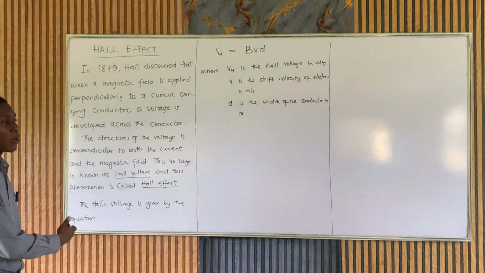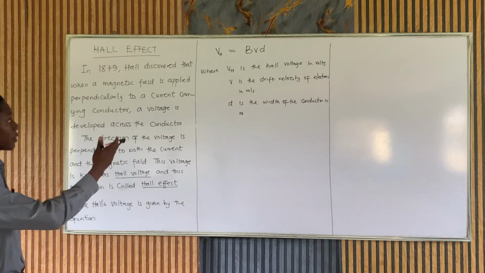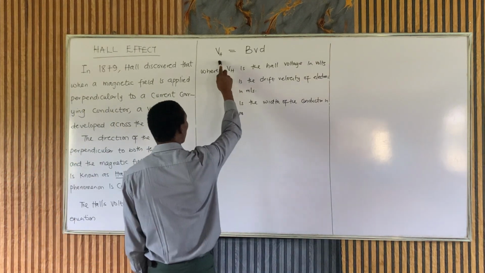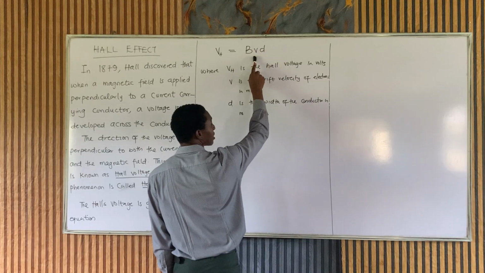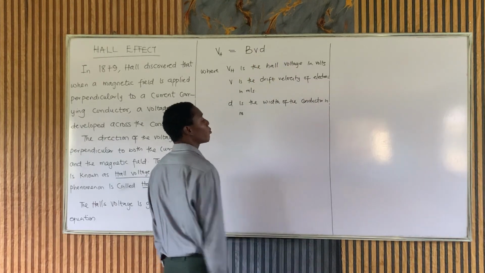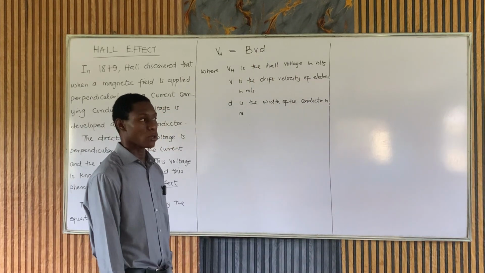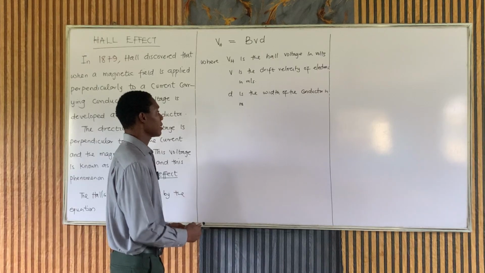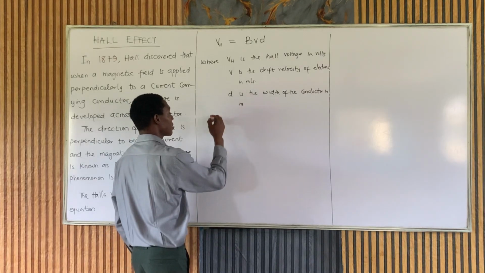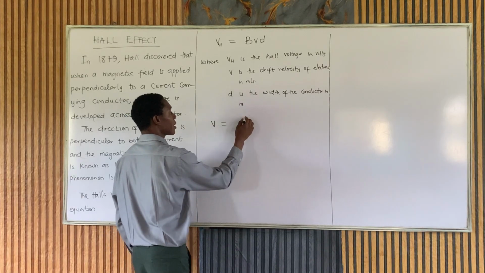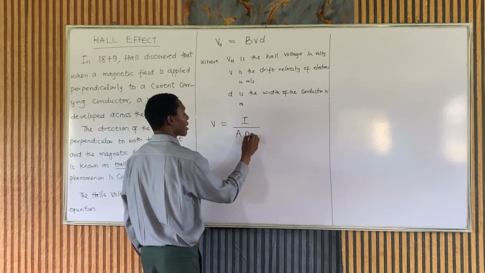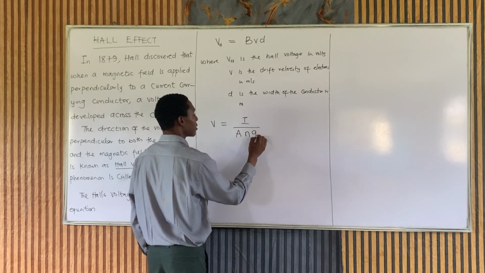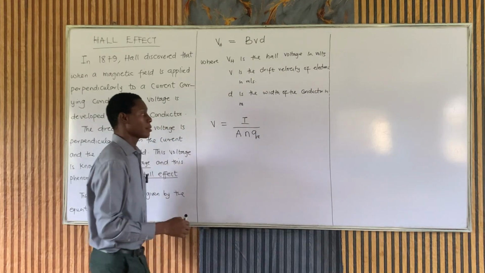You see, the Hall voltage is given by the equation: Hall voltage is equal to the magnetic flux density times velocity times the width of the conductor. But we know that the drift velocity, or velocity, is given by the equation current over area times number of charge carriers times the charge on an electron.